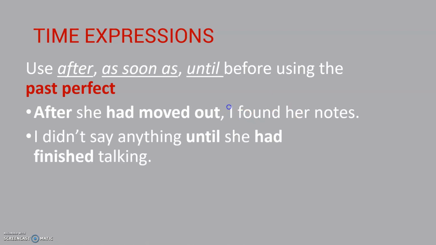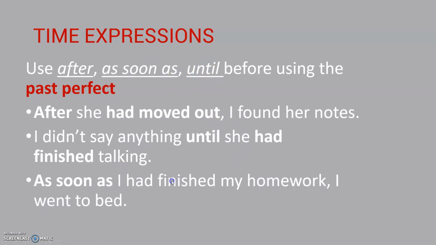Another example: I didn't say anything until she had finished talking. Again, we have the expression until and then the past perfect, and then the simple past. So you see that it doesn't matter the order as long as you use these time expressions and remember which action happened before the other.